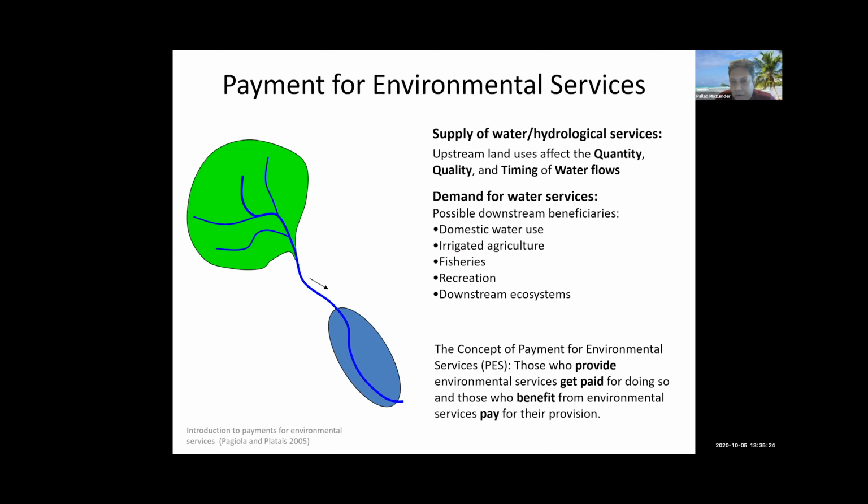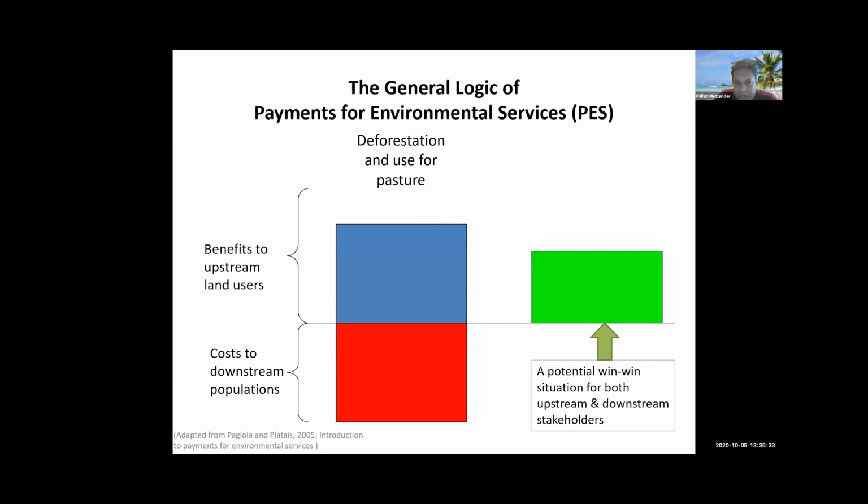So how do we find a way to create incentive mechanisms so upstream people do more environmentally benign activities? Think about a situation where they use the fishing or water in a certain way that produces benefit for them, but produces some negative outcome for downstream people.